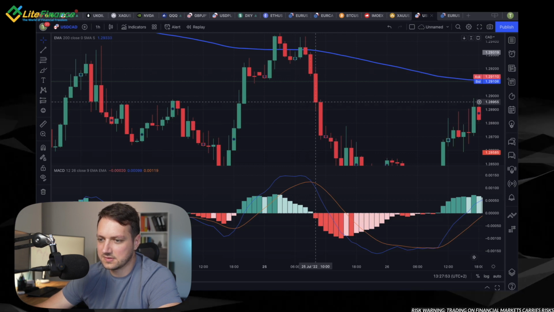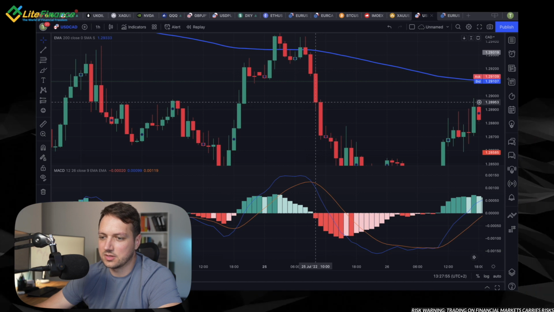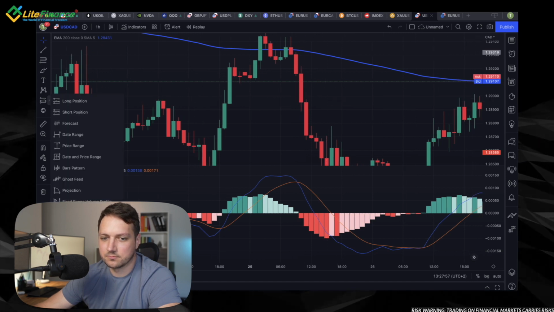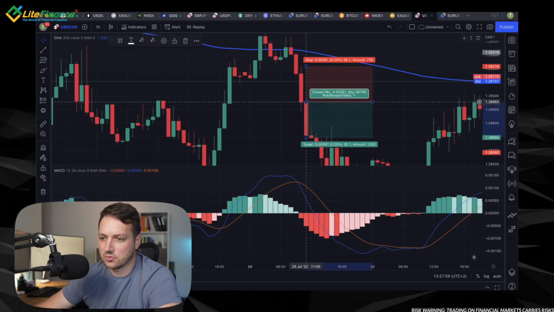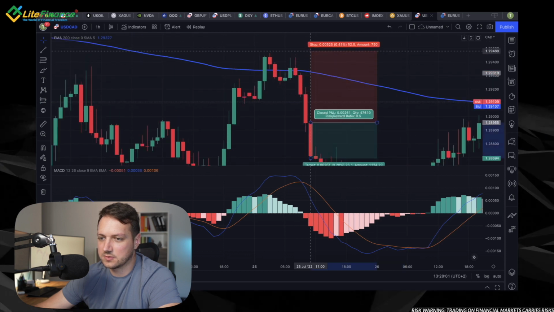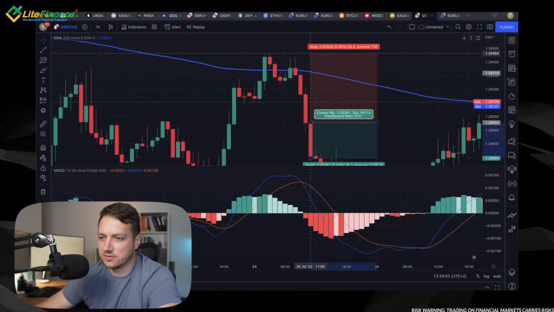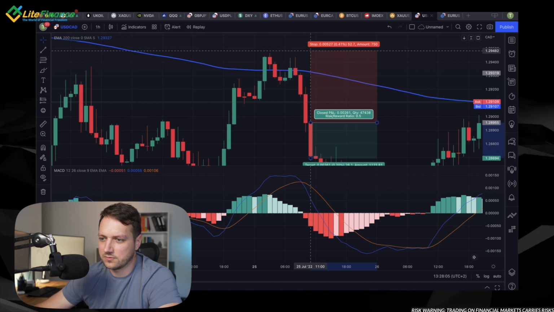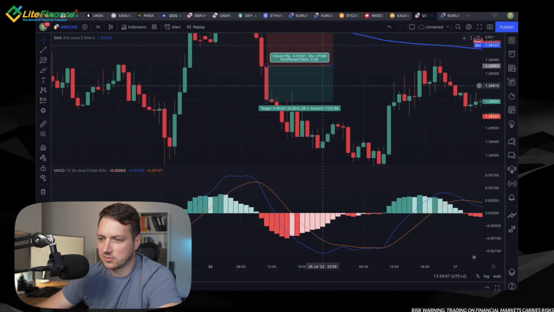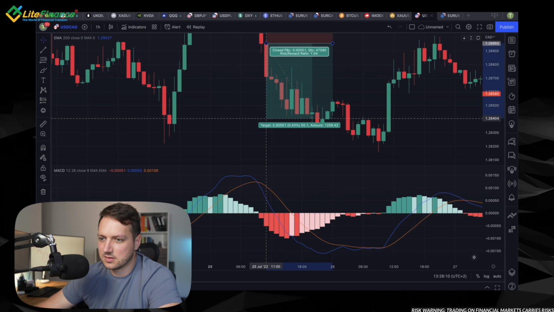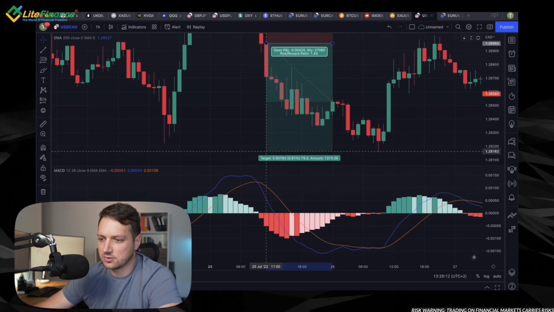The closing of this candle is the entry level for us. Mark a short position over here. The closest highest point is here, 50 pips, 51, so 53 pips for the stop loss, and a 2:1 risk reward ratio.